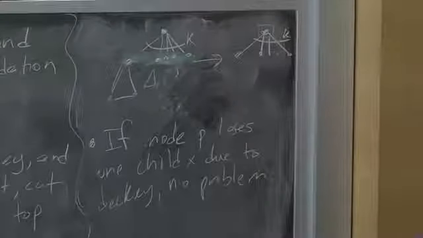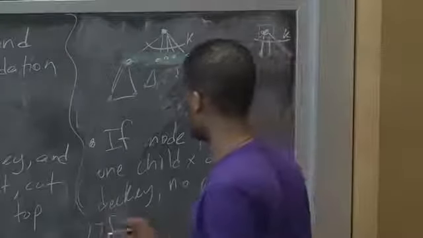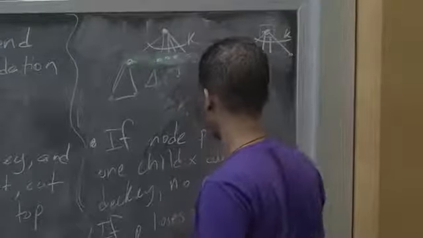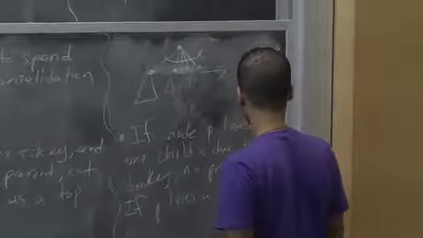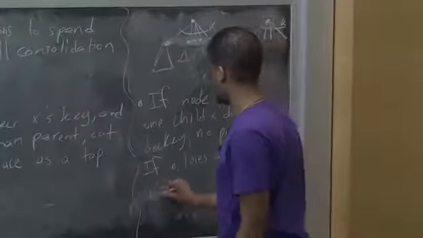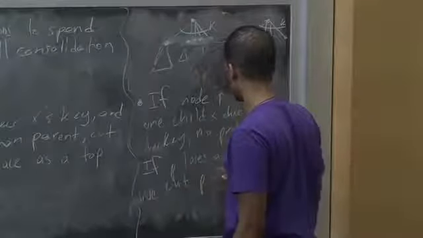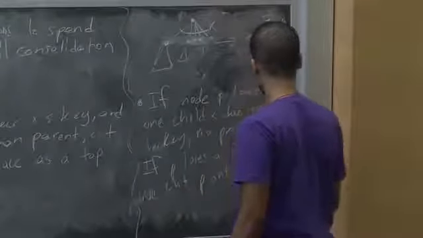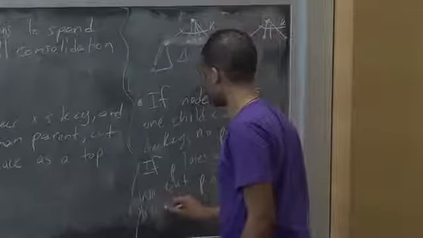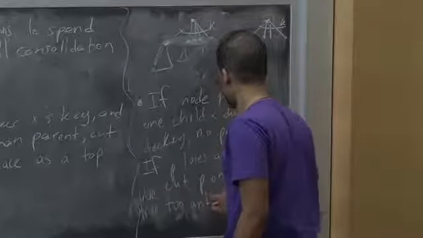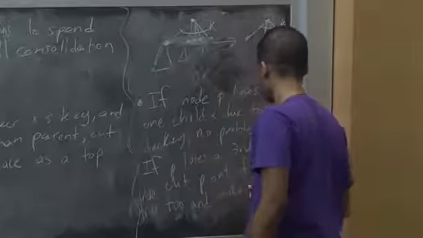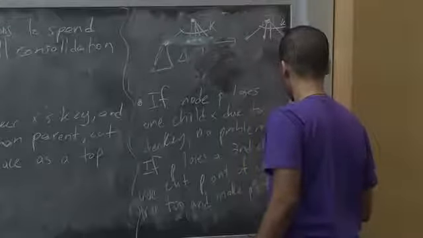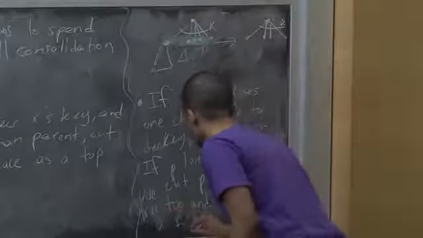But if P loses a second child, we cut P out of the tree too, and we make P's tree a top-level tree.